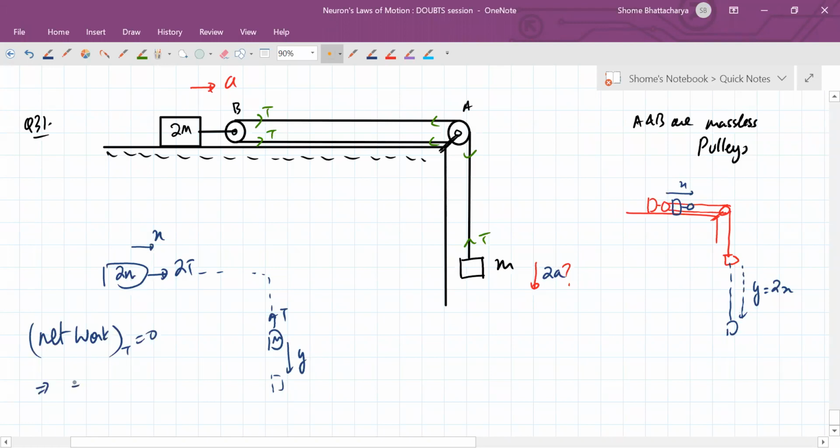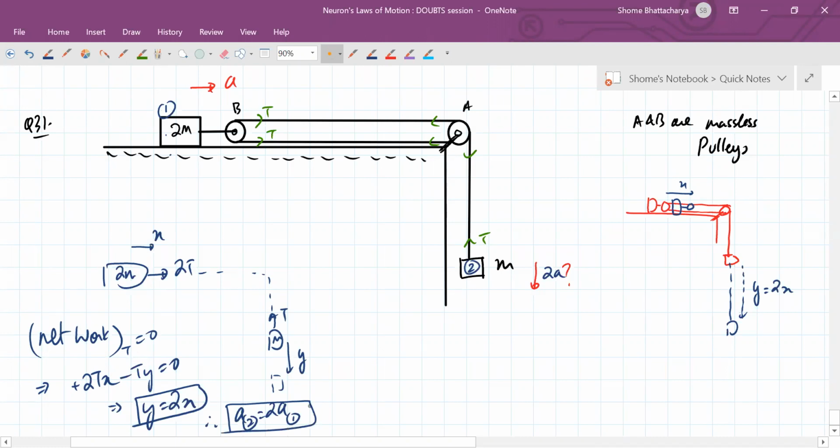Okay. So therefore, if this is block 2 and this is block 1, the diagram is there in HC Verma, beta.